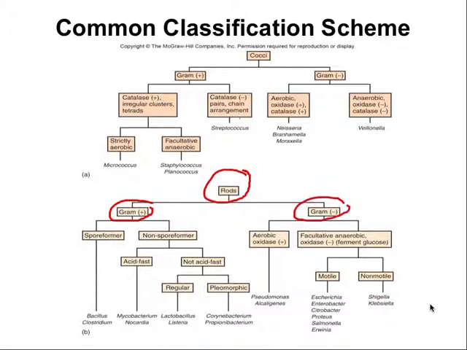If they stain positive, we're down in this side of the tree. Once we see they're gram-positive, are they spore formers or non-spore formers? If they are gram-positive spore formers that are rods, then they're going to be Bacillus or Clostridium. So these dichotomous keys can really help us identify different species based on a series of different tests.